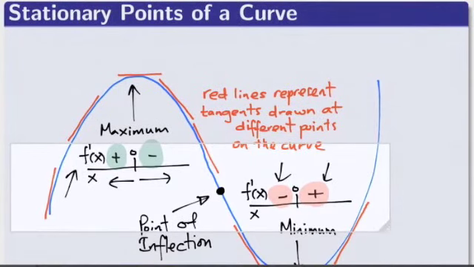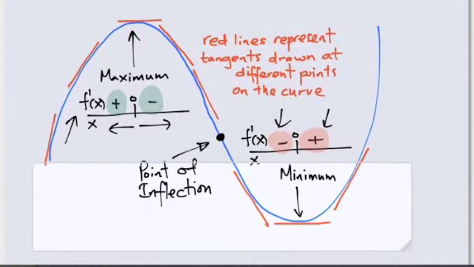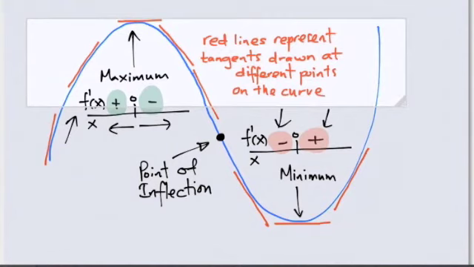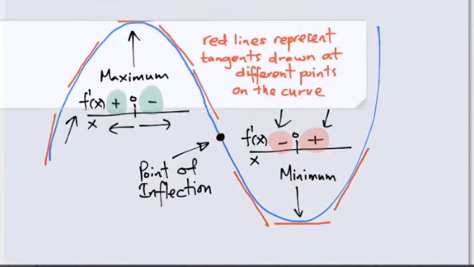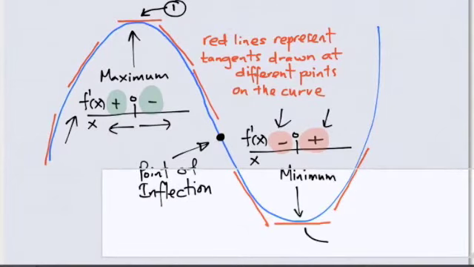Let's define stationary points of a curve. Here we've drawn a curve in blue and we want to define stationary points. Now before we do that, let's make a few observations. We see two turning points. This is one turning point right here and another turning point right here.